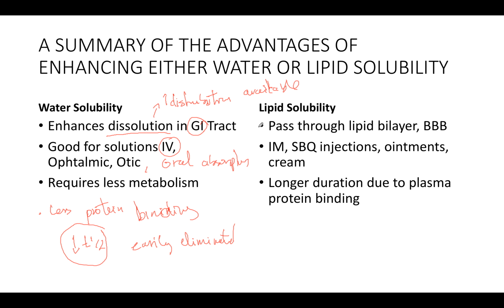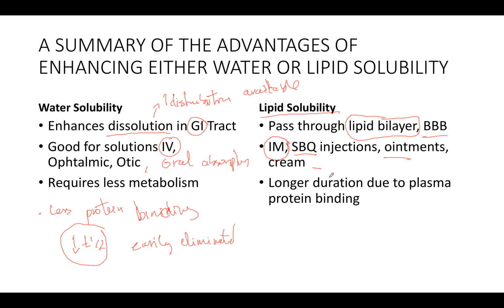Drugs that have higher lipid solubility have an advantage because they can actually pass through the lipid bilayer. They can cross a blood-brain barrier. They can be available for intramuscular administration. Also, subcutaneous injections can be done with these drugs that are more lipid soluble. You also have ointments and creams that can be formulated.